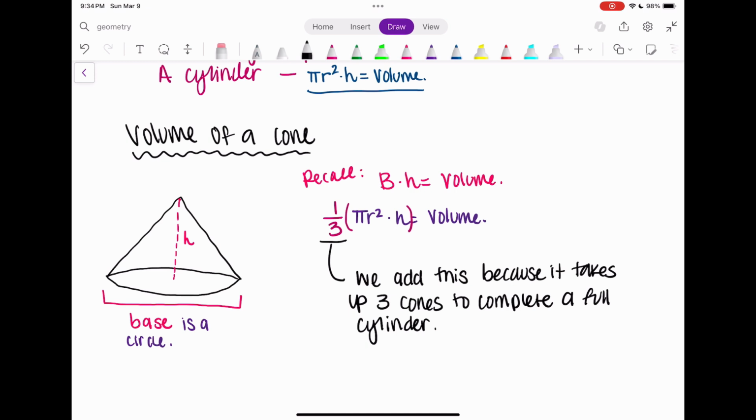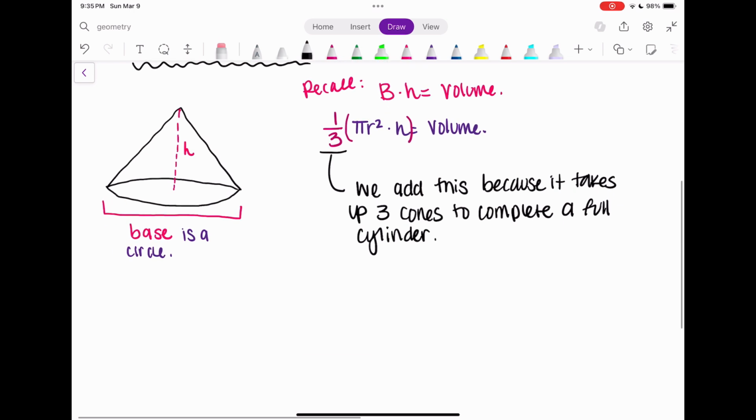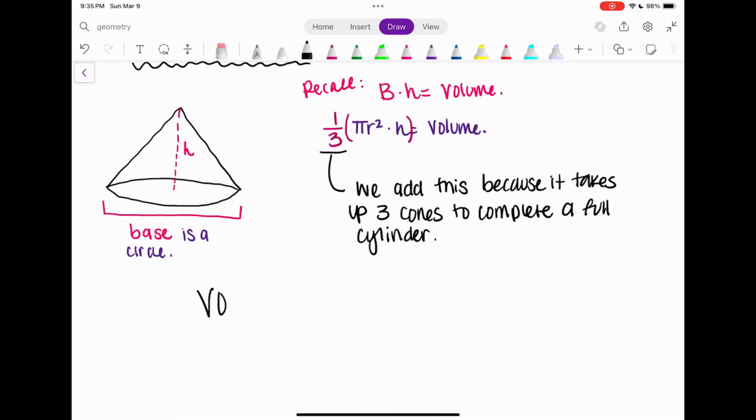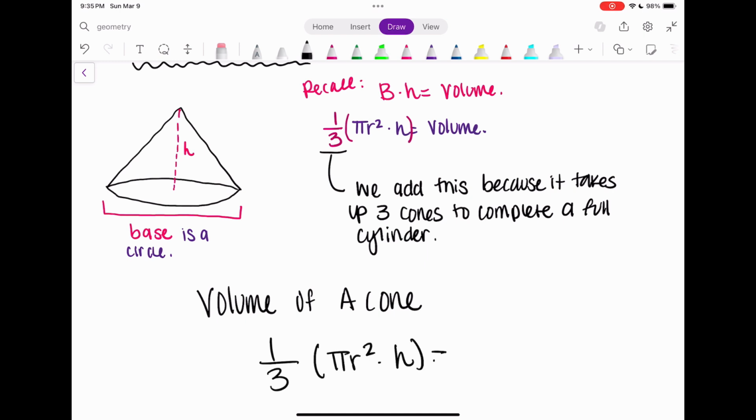Okay, so just like we always do, we're going to write down the volume formula of a cone. So volume of a cone, and it's 1/3 times pi r squared times h is equal to volume.